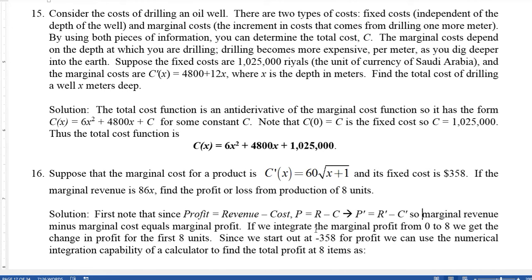So revenue always starts at the origin. Cost, on the other hand, usually starts positive because you have some fixed costs that don't depend on the number of items. This might include things such as research and development and other things that don't depend on the amount of items that you're making.